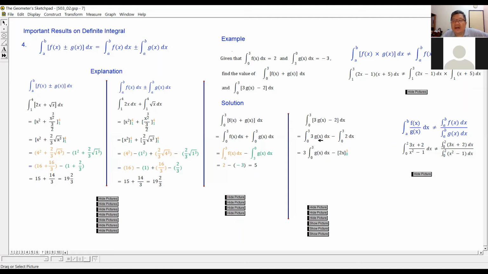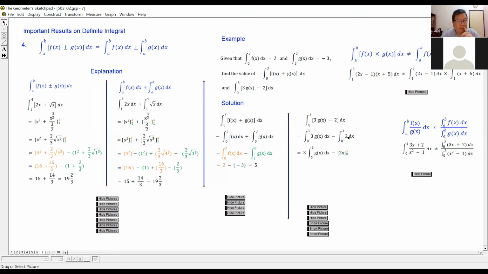Now this integration, 3g(x), according to the second important result, the 3 I can take out. I'm going to do it step by step, so I just take out the 3 first. Then you want to integrate 2, it is actually 2x.